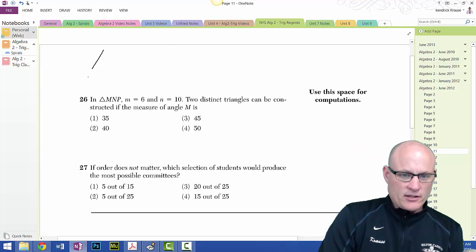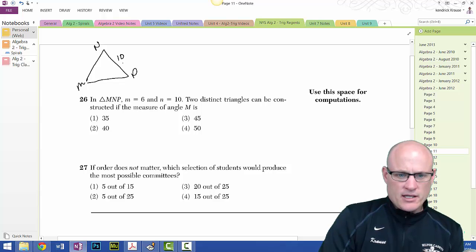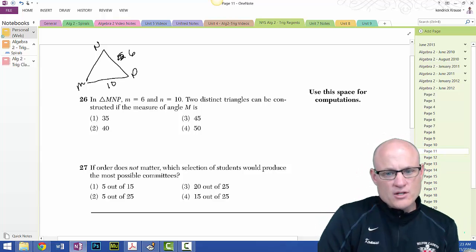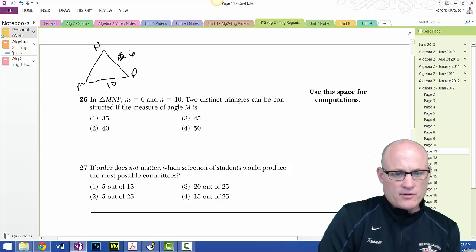So let me draw my triangle. M, N, and P. And it says n is 10 and m is 6. Two distinct triangles, if angle m, well, if the smallest angle is, well, smaller of these two.